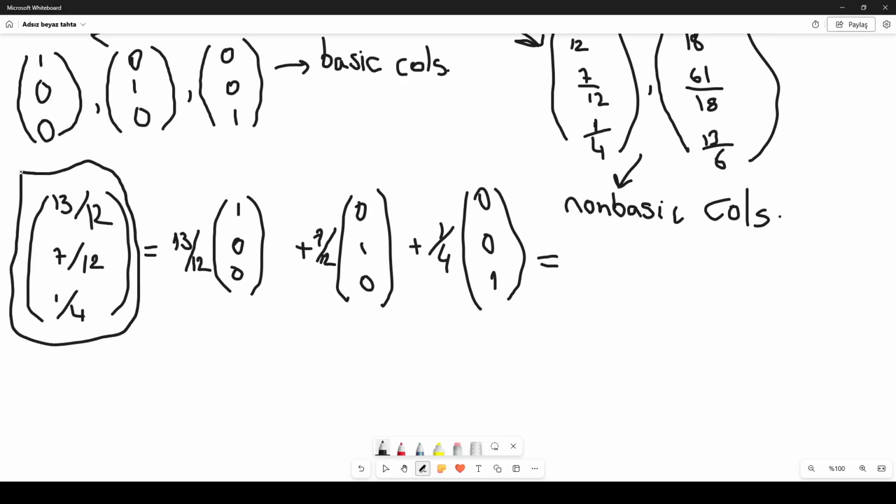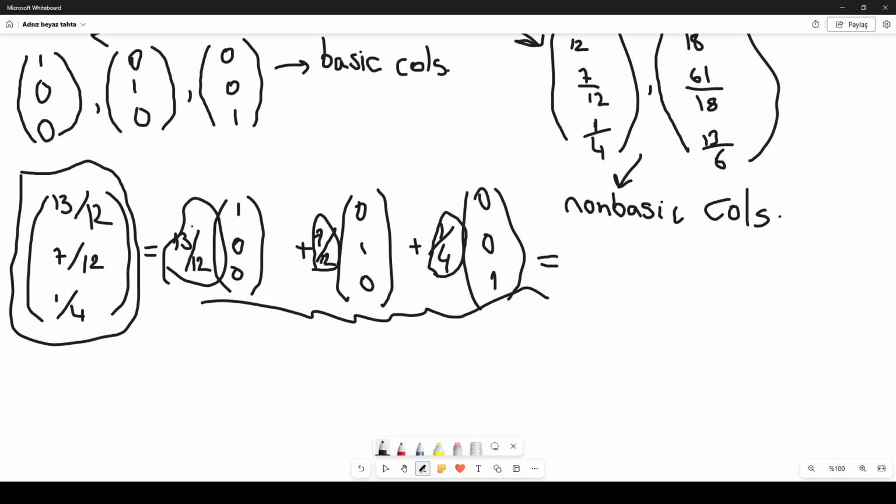I selected the fourth one; I can also write the fifth one as well. We express the non-basic column as an algebraic sum of the basic columns, which is called a linear combination. And these are the coefficients of the basic columns.